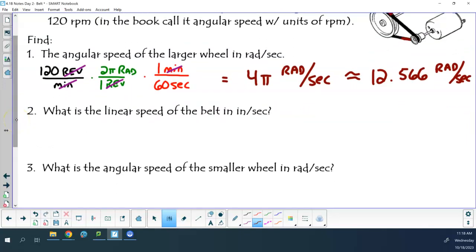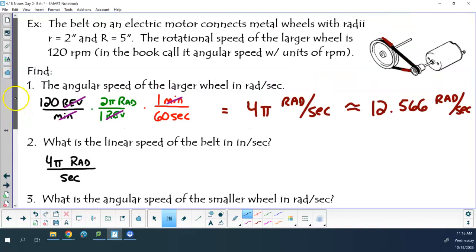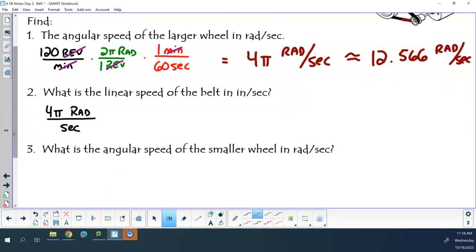Well, the big pulley is rotating at 4 pi radians per second, and the big wheel had a radius of 5 inches. So that would be my radius for that one. And now I'm in inches per second.